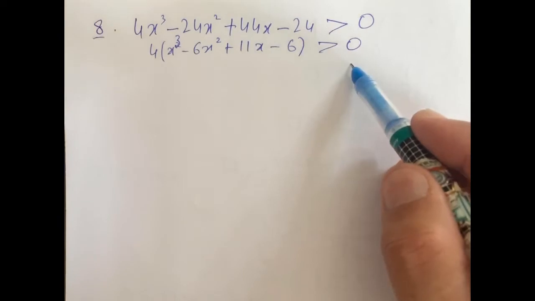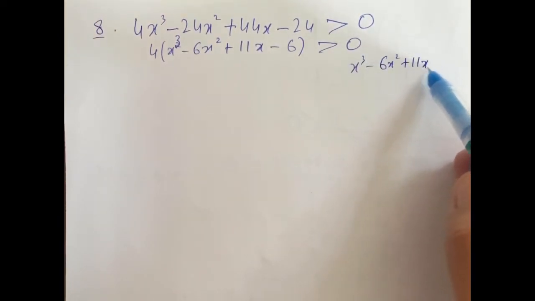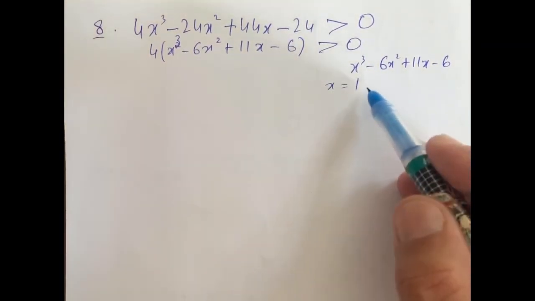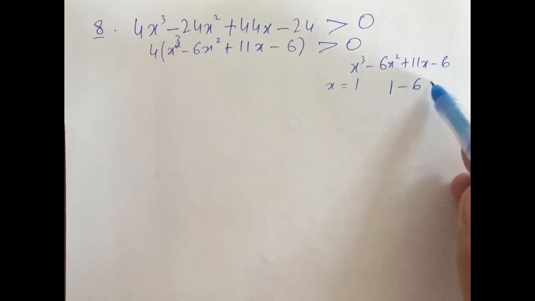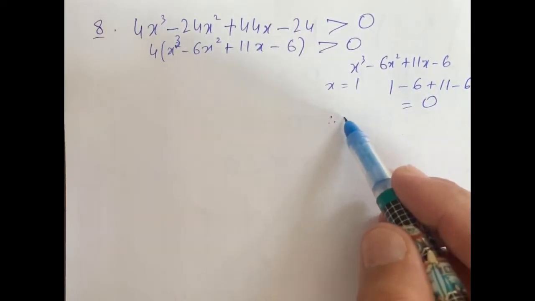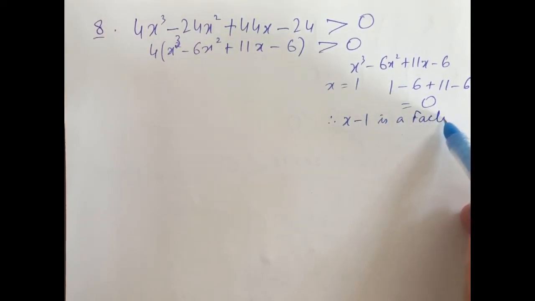So let us write the expression x cube minus 6x square plus 11x minus 6. And we put x is equal to 1 here. We get 1 minus 6 plus 11 minus 6, which is 0. Therefore, x minus 1 is a factor of this expression.